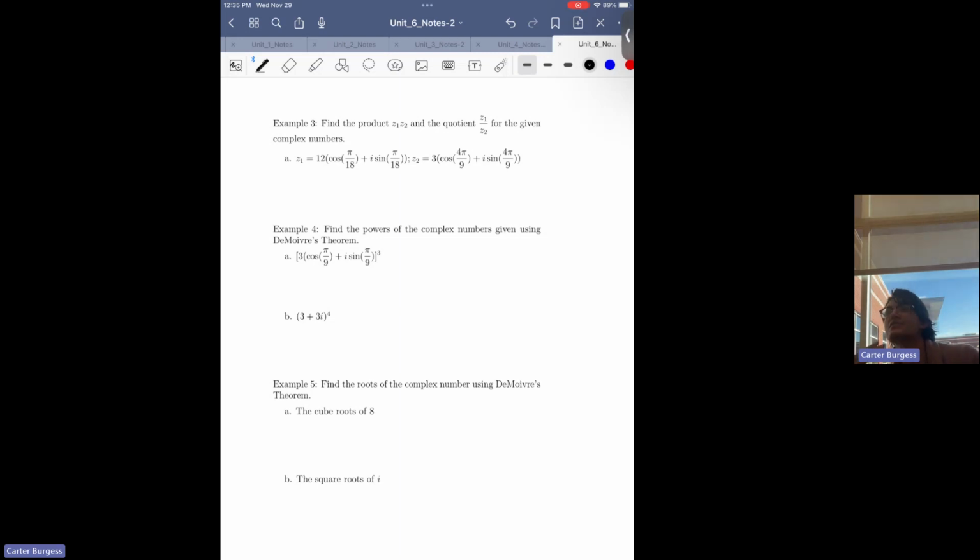We'll do the product together, and then I'll give you guys a little bit of time to work on the quotient here. We know that z1 times z2 is the same as multiplying those values of r and adding those values of theta.